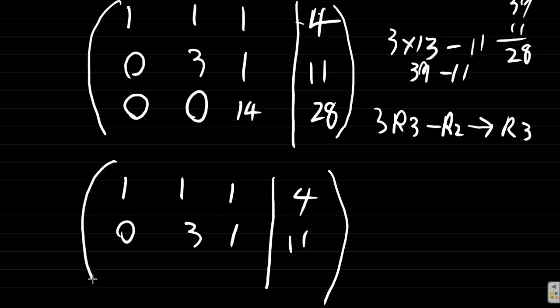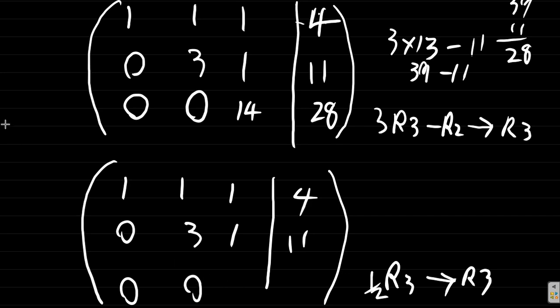By the way, we can get smaller numbers in row 3. So if we divide everything in row 3 to give our new row 3, what we have, half a 0 is 0, half a 0 is, no, not half. When I say half, you divide by 14, 1/14 of row 3.